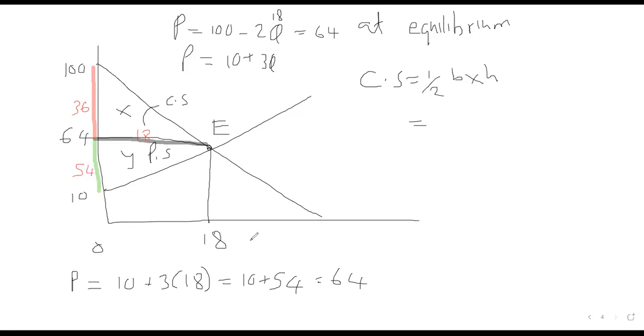So half our base is 18, and our height is 36. When we compute that, what do we get? 18 times 36 divided by 2. We get 324.